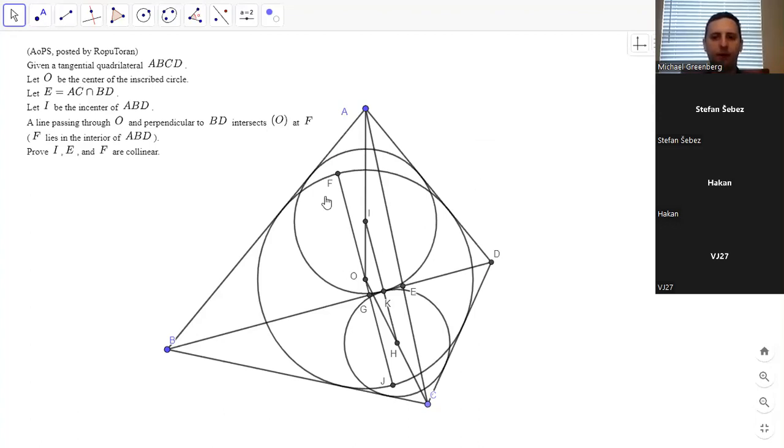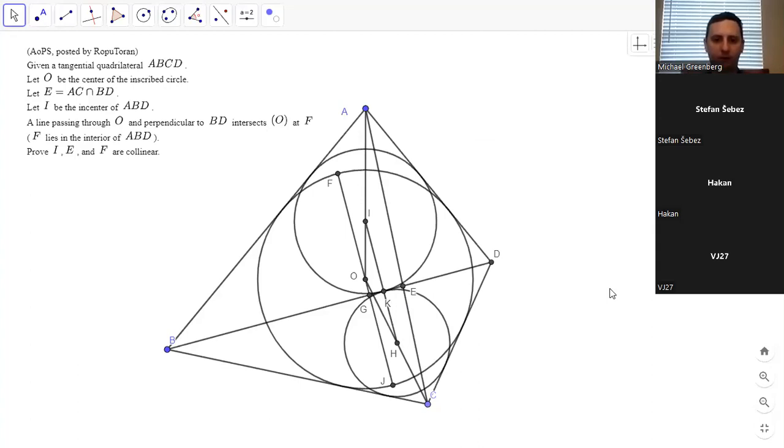Yeah, maybe we can do it like this. So first we want to show FG over GK is IK over KH. And then if that's true, then maybe we could try to show that FI, GK, and JH concur.